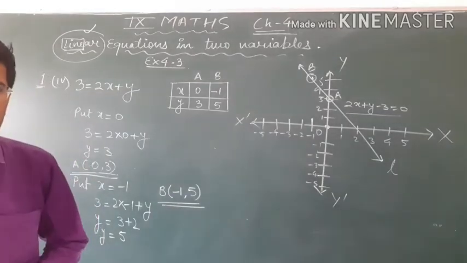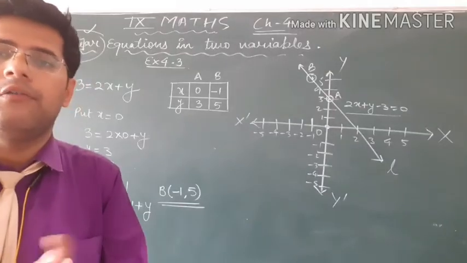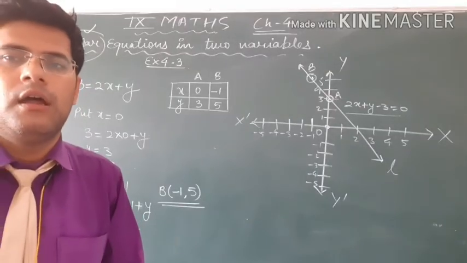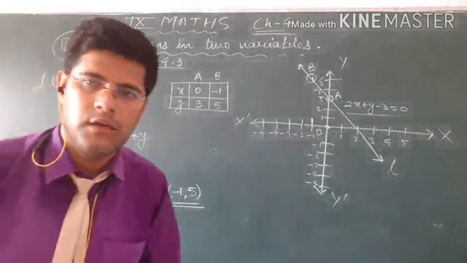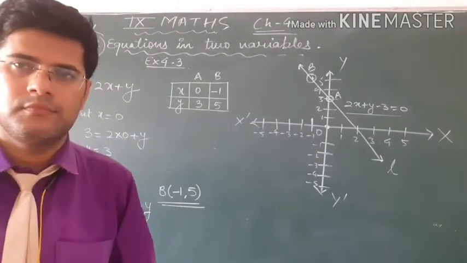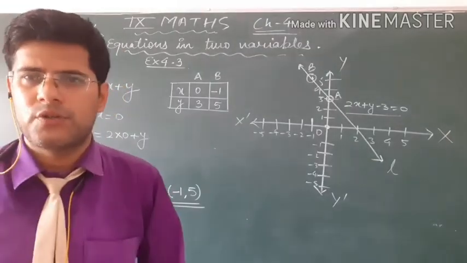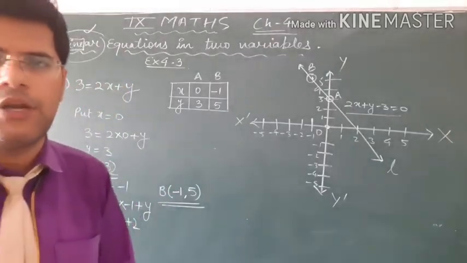Now I want to discuss more about that, but we have enough portion to do in our next video. Here I have done two parts of the first question. The rest of the question we will discuss in our next video.